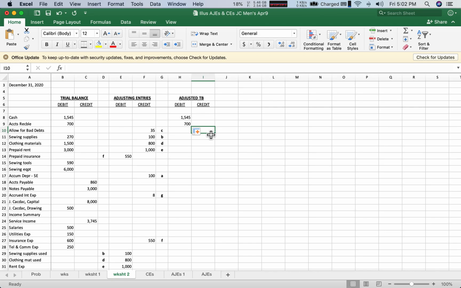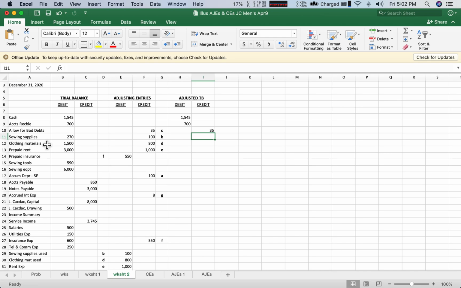So we say equals, then plus, then minus debit plus. Remember, if it's the same sign, you add. If it's a different sign, you subtract. Okay.